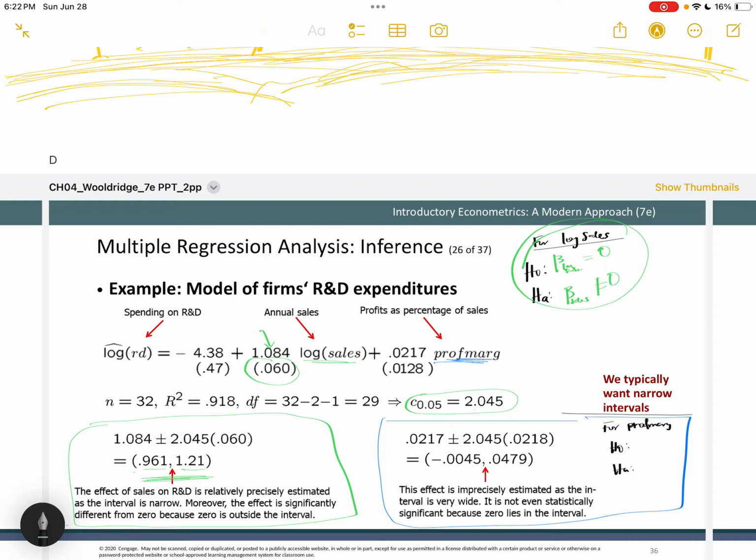No, and so we reject H naught. Do you see how this goes? So the effect of sales on R&D spending is precisely estimated as the interval is narrow. However, 0 does not fall within the interval. So we are 95% confident that the true beta is captured in there.